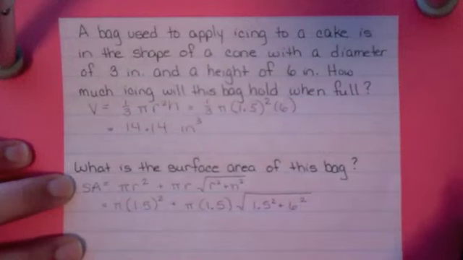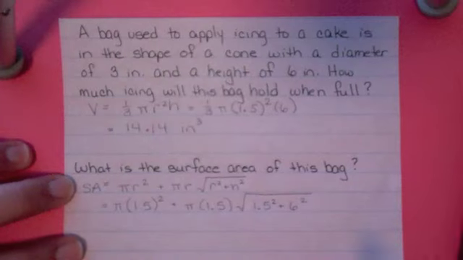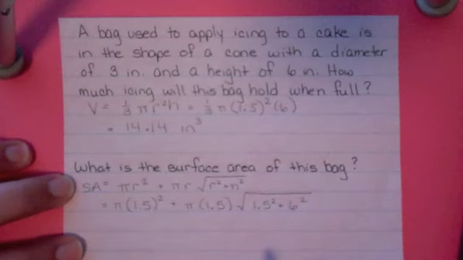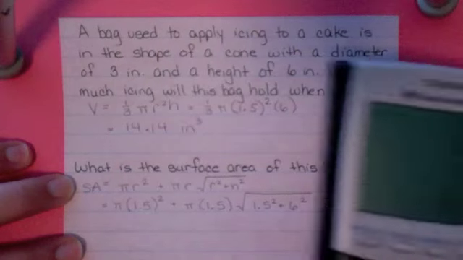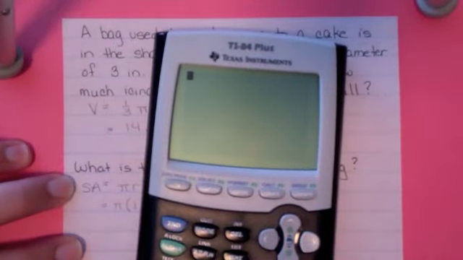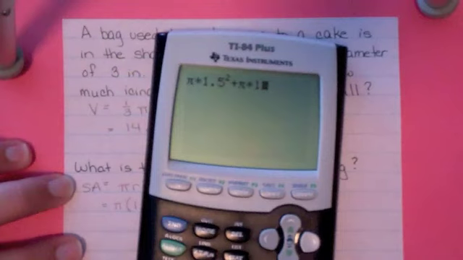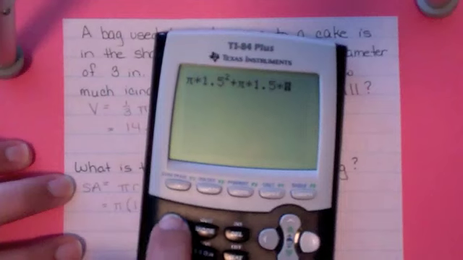And I'm going to type this in exactly like that into my calculator, all at one time, not in pieces. I mean, that's why I have a graphing calculator, because it can do these kinds of calculations for me. So pi times 1.5 squared plus pi times 1.5 times, now I need my square root symbol.